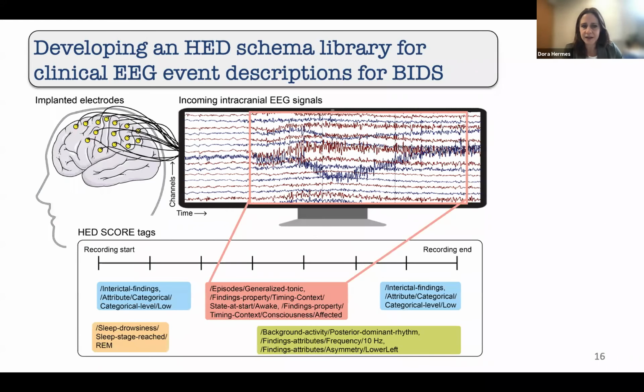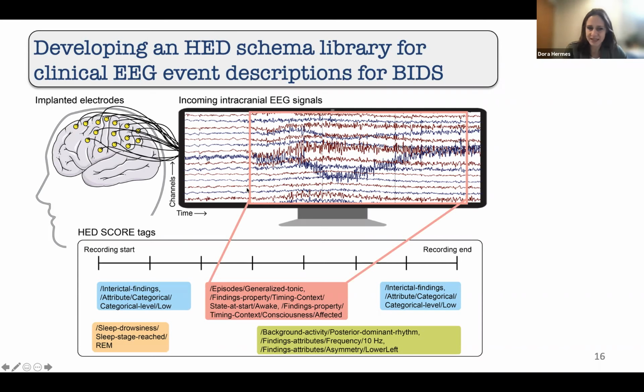And what you can see here is an example of one of these intracranial data sets where you have electrodes implanted. These are, for example, stereo EEG electrodes where every single electrode is a probe, or surface electrodes where each channel is implemented on the brain surface, and you have a signal coming from every electrode.